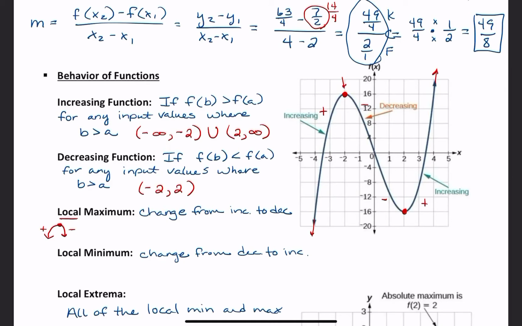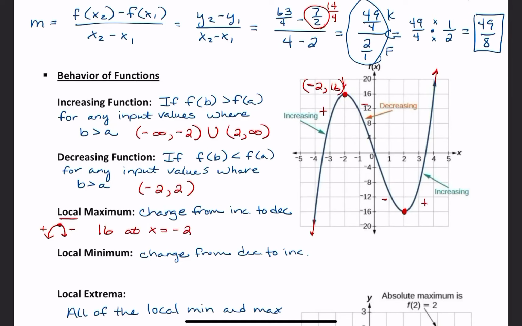So there's not an absolute maximum, but there's a local maximum at the point -2, 16. So when it asks for the local maximum, it's asking for the y value. So you would say it has a local maximum of 16 at x equals -2.